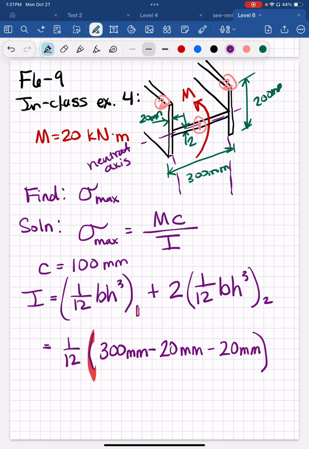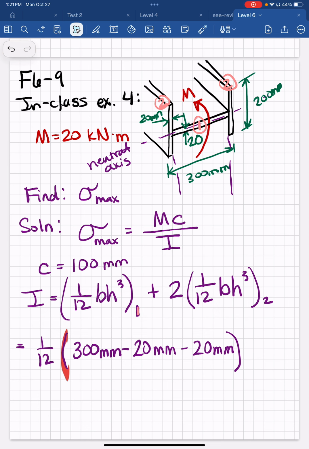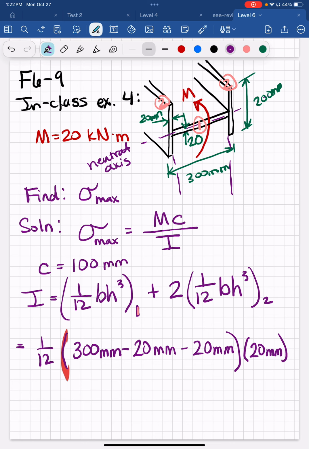And the height is going to be that 20 millimeters, although it looks like I lost a piece of that. This is 20 here. I have to make a little bit more room. So times that height cubed, which is 20 millimeters cubed.